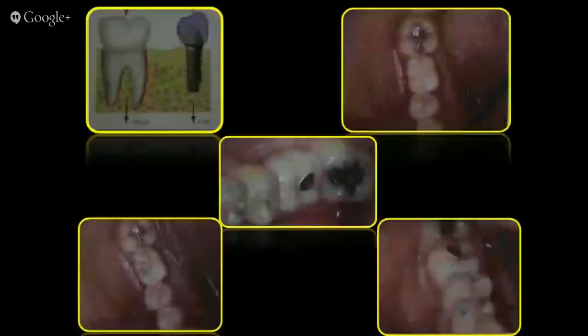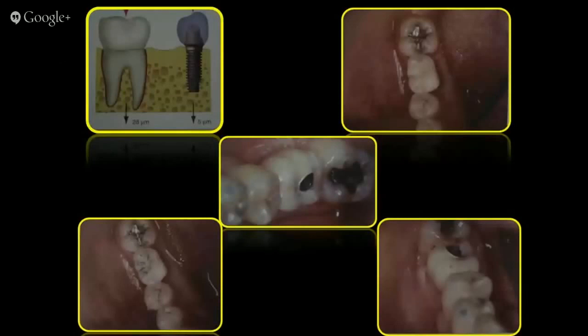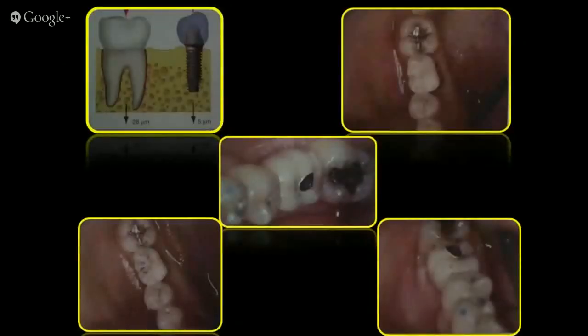Use a thicker articulating paper, say about 50 microns, and place it between your implant restoration and the opposing tooth. In gentle tapping, there should not be any contact on your implant restoration.